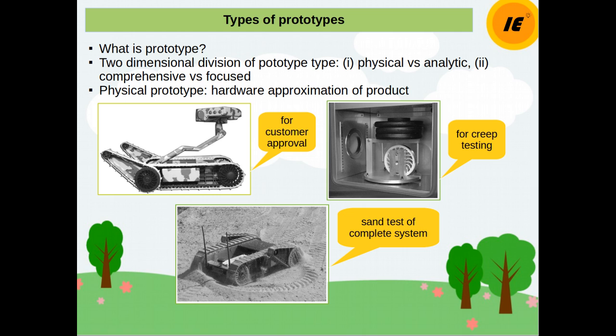You make different designs of the wheel itself without the actual total robot design. You just focus on the wheel and you do a certain type of testing which is formalized in some engineering discipline, that this is how we test things. So that is also considered a physical prototype.